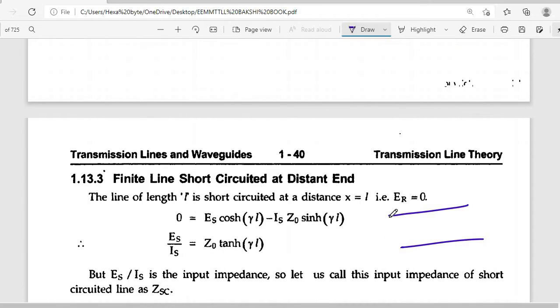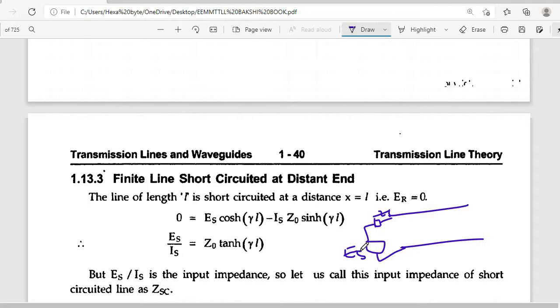Input potential and source impedance are a must to analyze the transmission line. Without input potential, what is the use of a transmission line? That's why it is always a source potential, a high frequency voltage. This is the EM wave energy. So definitely it is a high frequency voltage source and source impedance.